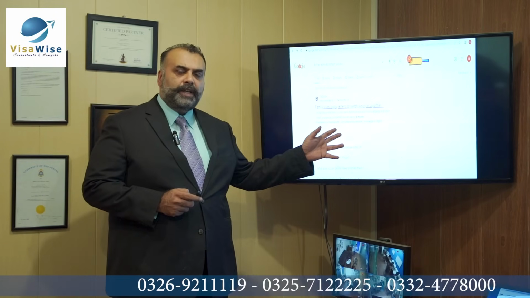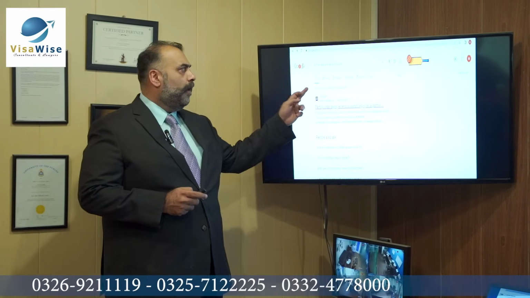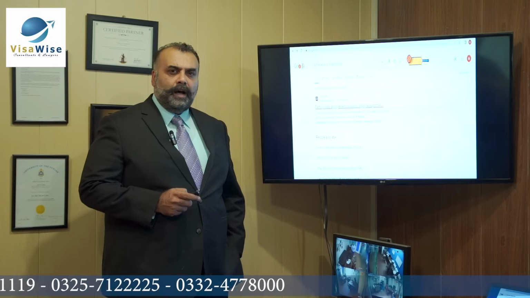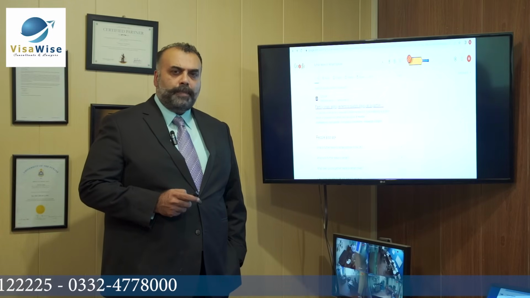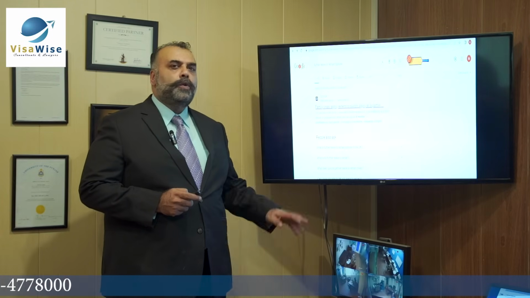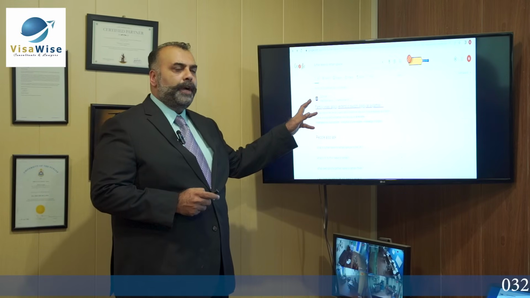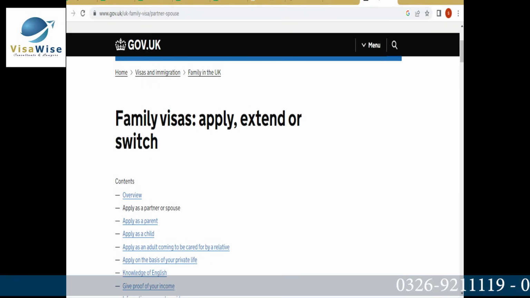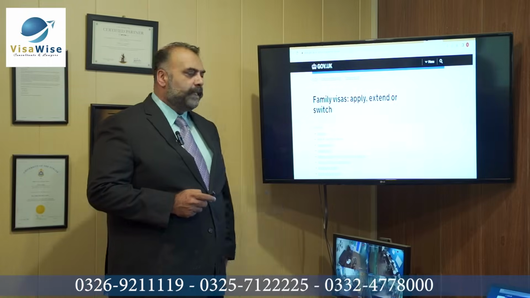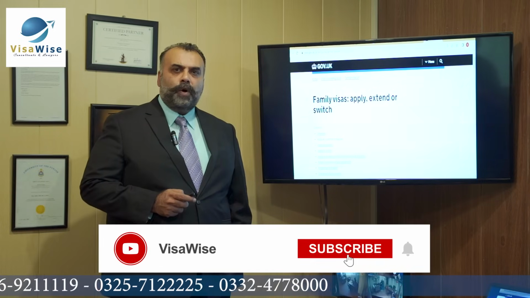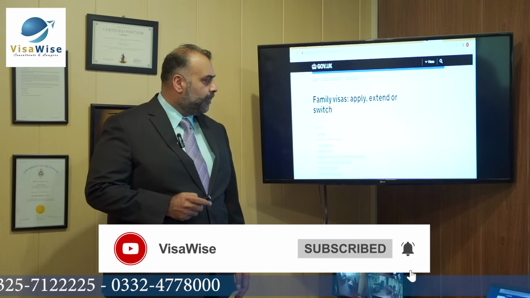You can simply Google either an entry clearance application as a spouse or a further leave to remain application as a spouse of a British citizen, and you'll be able to come to this point where you click this link, and this will take you to the relevant page where it asks you to apply as a partner or spouse of a British citizen.